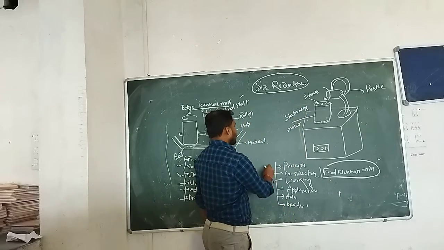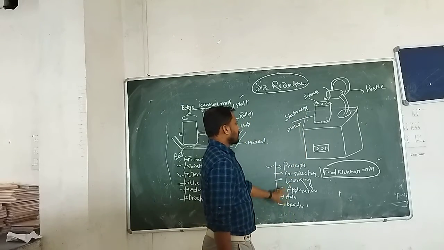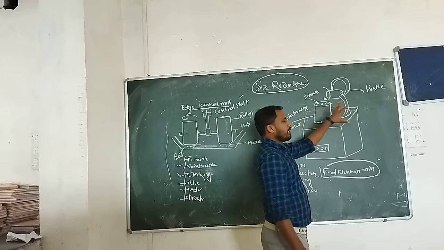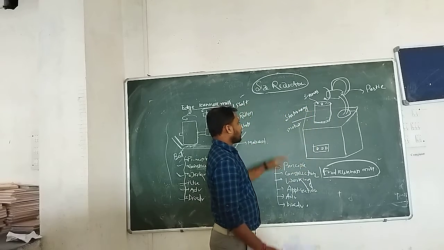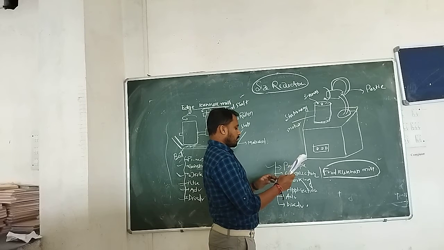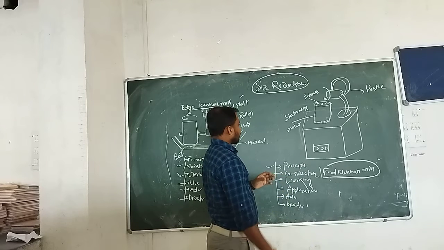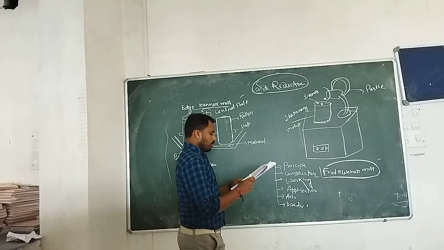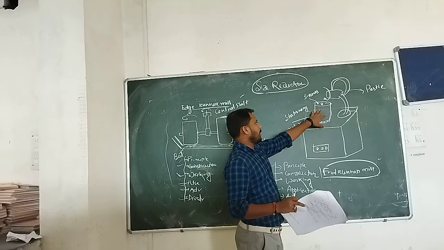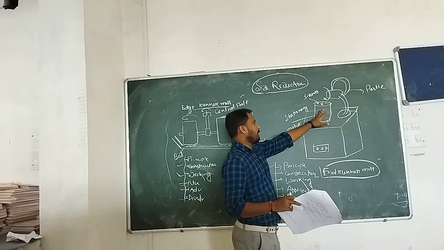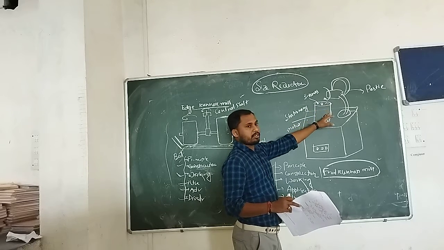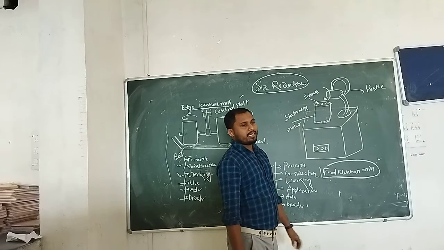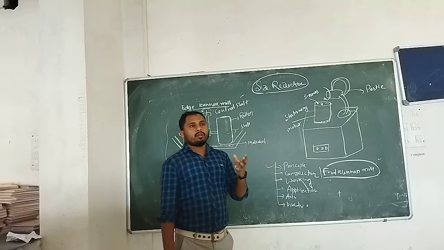This is the principle portion, and coming to the construction, this machine generally has two parts: one is the stationary mortar and another is the rotating vessel. The stationary mortar has some stone inside the stationary bed, and here the feeding or grinding material is placed, the particles which we are trying to reduce.